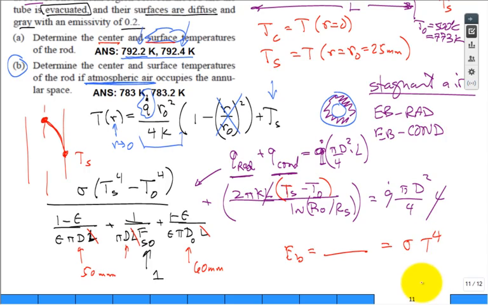But in this case, I can't as easily do that. I really need to solve for the roots of a nonlinear algebraic equation. All right, for this problem, you get 783. Lower temperature because there's some heat removed by the conduction path. And then it's still a delta T boost from the edge to the center line of that rod of 0.2 degrees. So it's a change of 0.2 Kelvin.